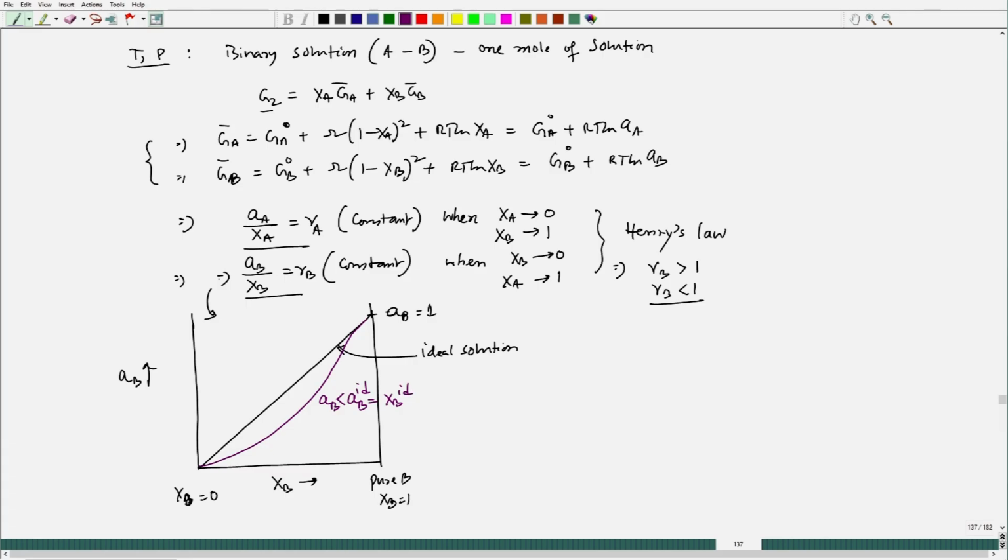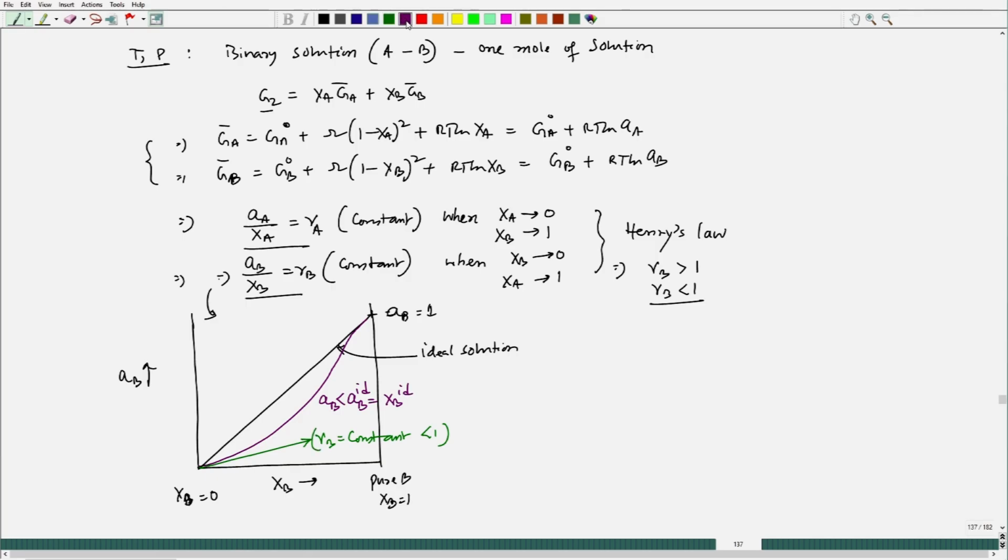This particular equation will be expressed here: I have to draw a straight line, the tangent over this activity plot with composition when XB tends to 0. So, gamma B is constant and it is less than 1.